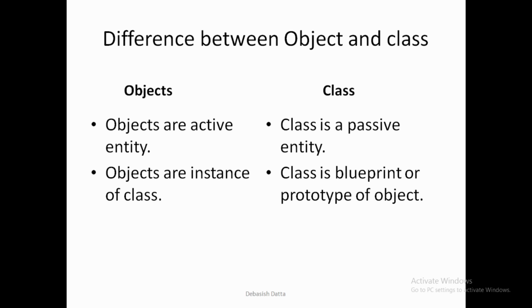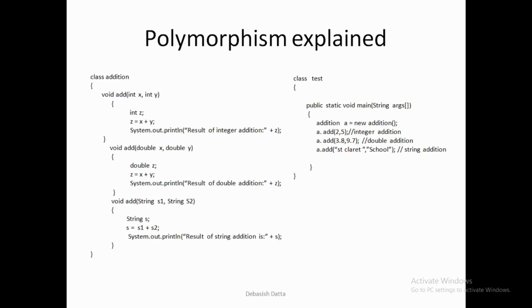How much memory will be allocated for an object? That is calculated by Java using an operator called new. This operator will calculate how much memory will be required for an object. Here in this example, A is an object.